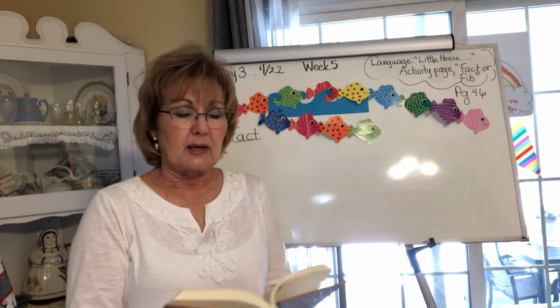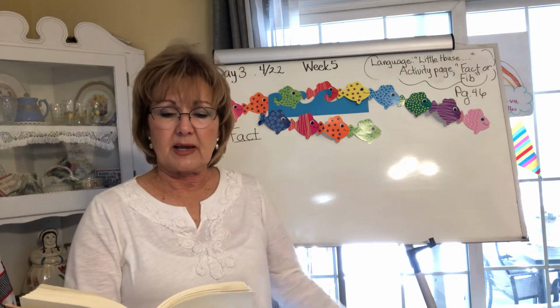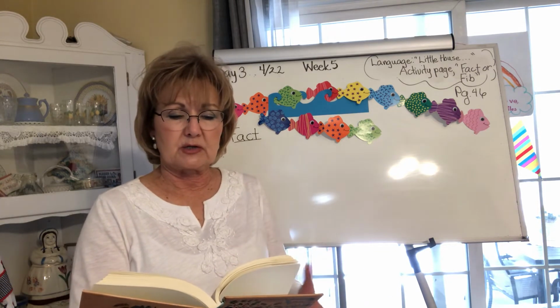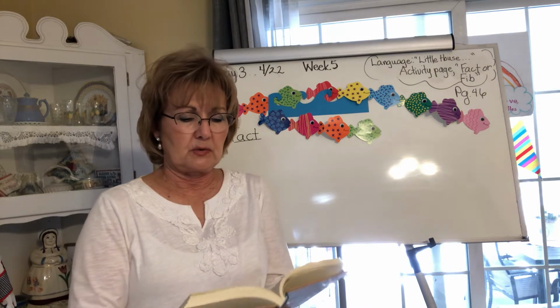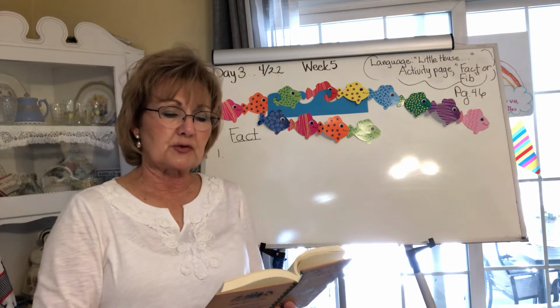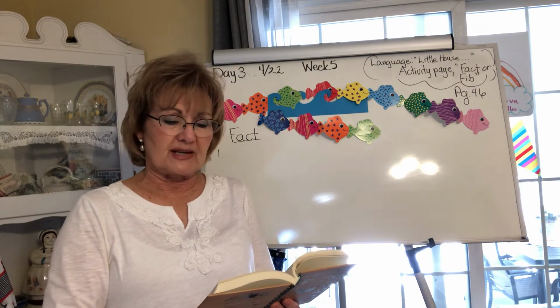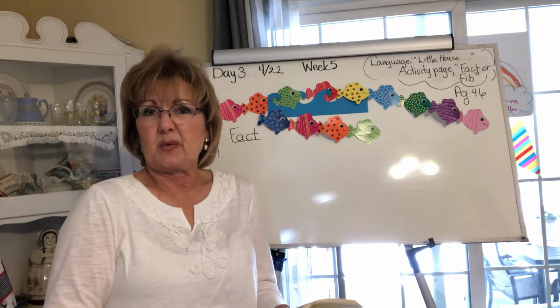So, Christmas was coming, right? We almost have to read it again. The little log house was almost buried in snow. It was beautiful. There was snow on the trees, all that sort of stuff, right? So that would be a fact, right?